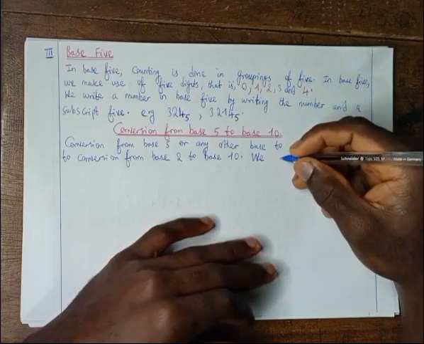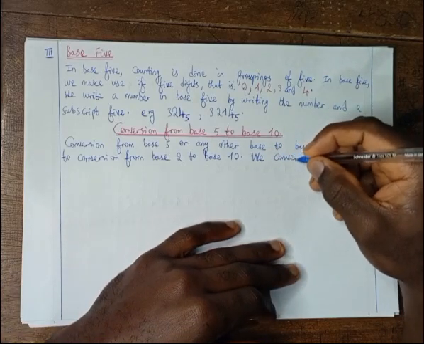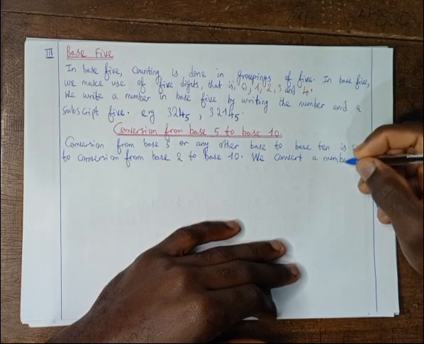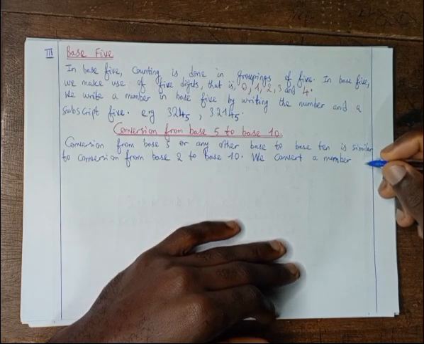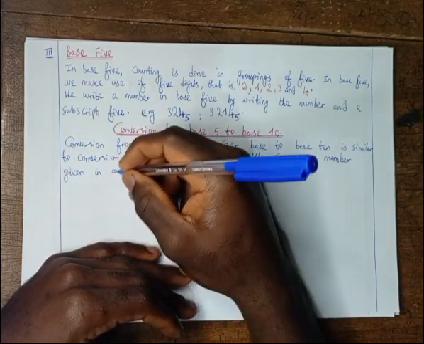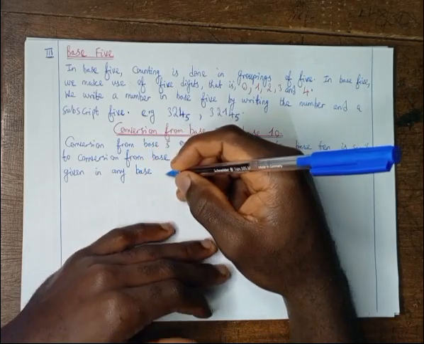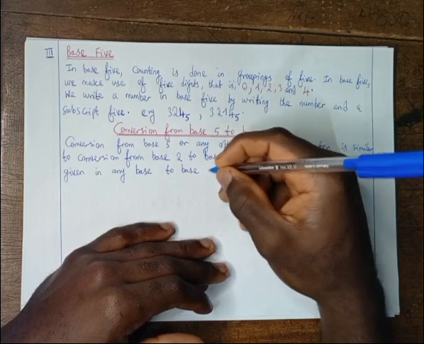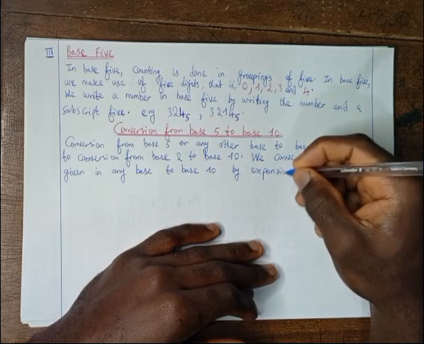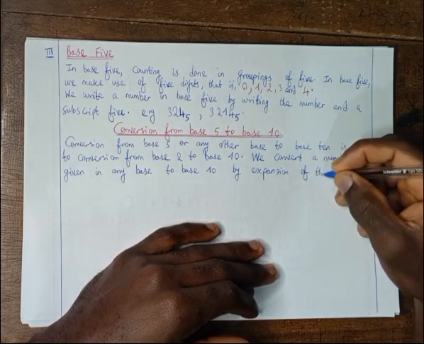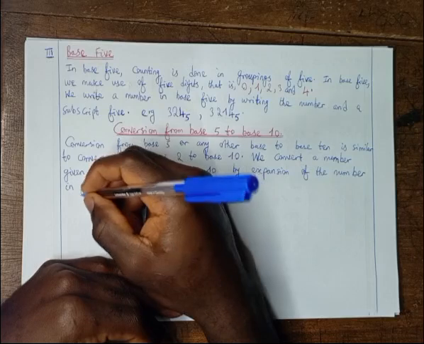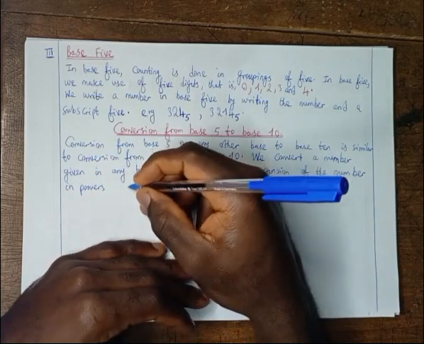We convert a number given in any base to base 10 by expansion of the number in powers of the given base.